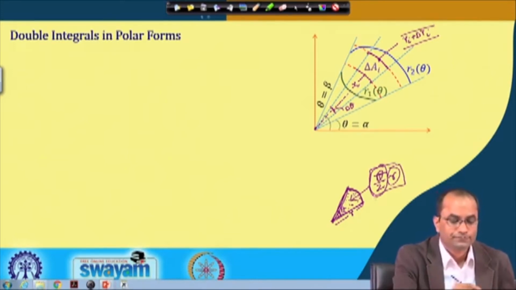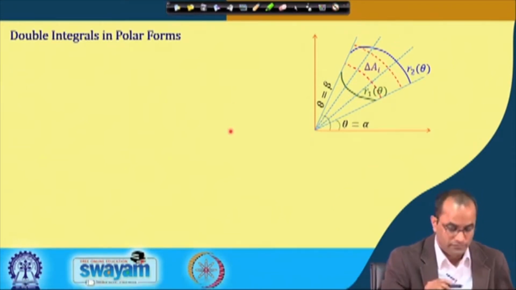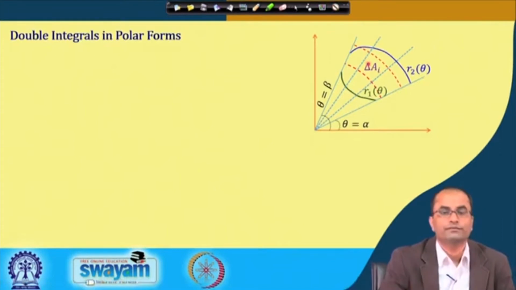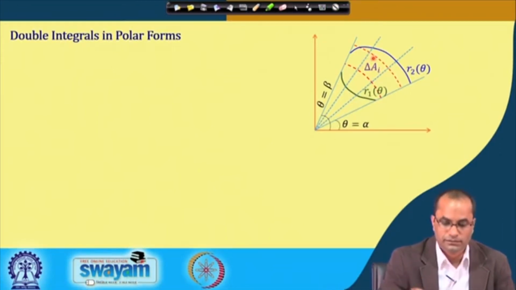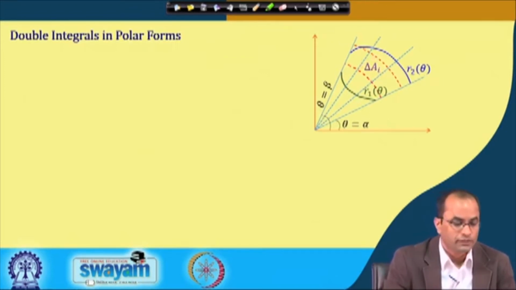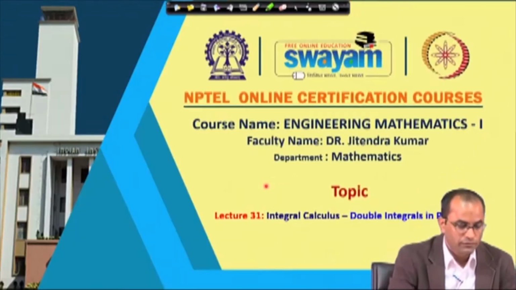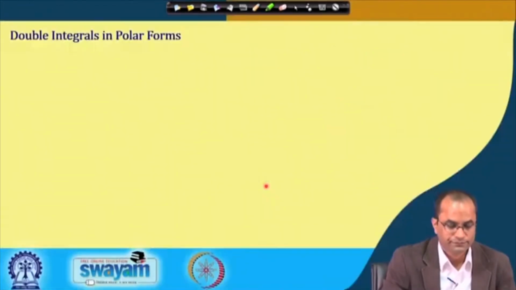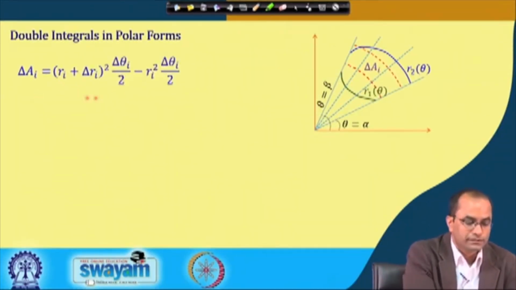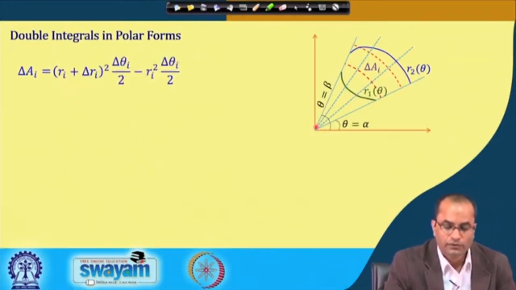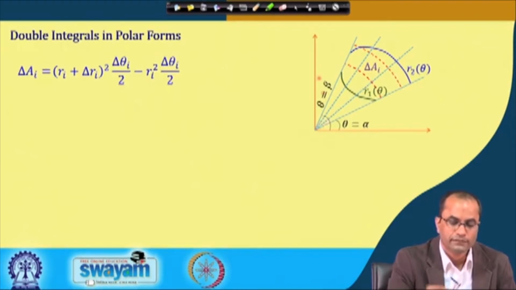So, let us try to compute the area of this small part of the domain, which is denoted by delta A i. This delta A i is given by the area of the larger region up to radius r i plus delta r i, and we subtract the inner one.